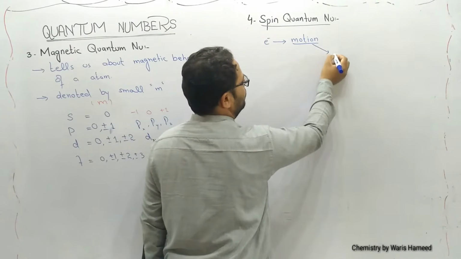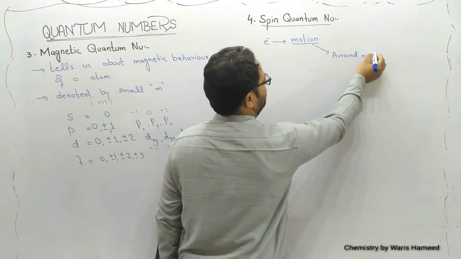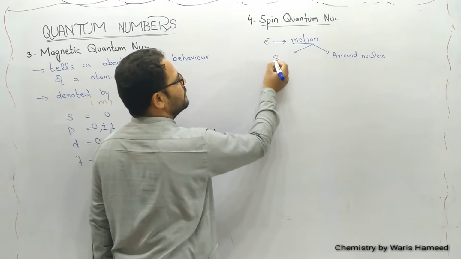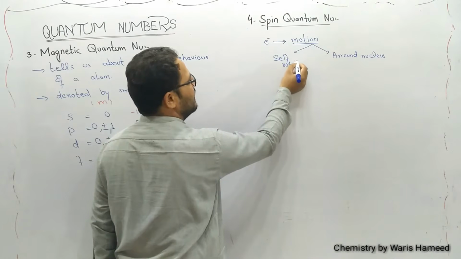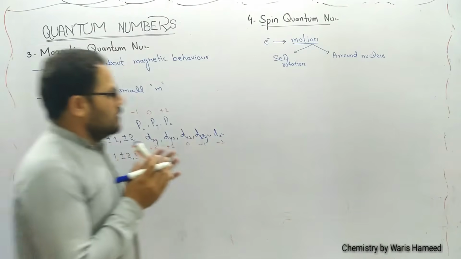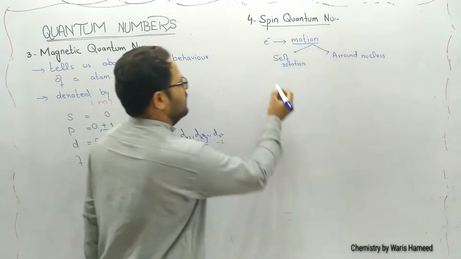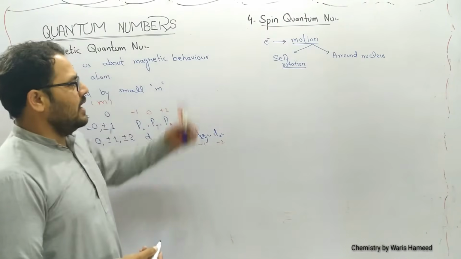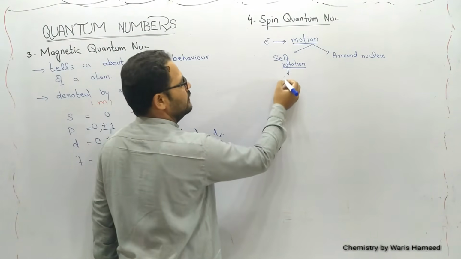First is around the nucleus, and second is self-rotation. If an electron is present in any orbital, it rotates around its axis, and that's known as self-rotation or spin.